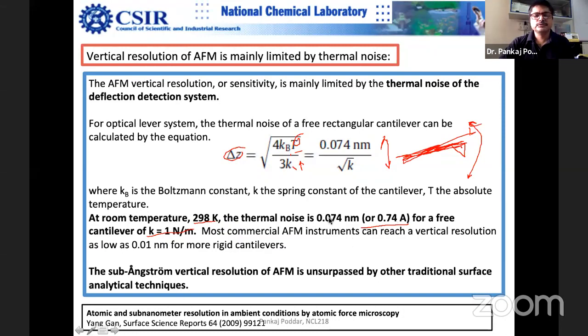So this is the power of this AFM. This is unbeatable actually. You can't get it in electron microscopy, and you get the true images in AFM.